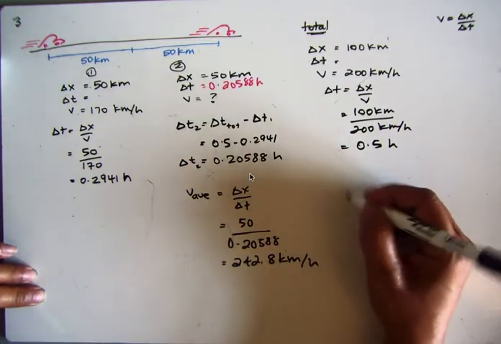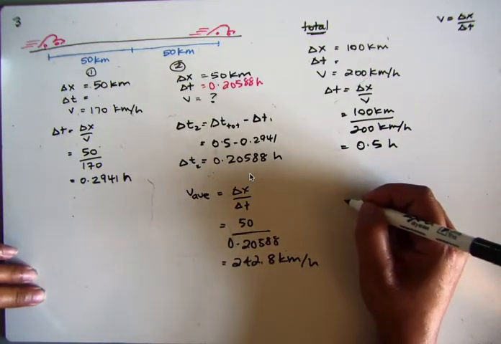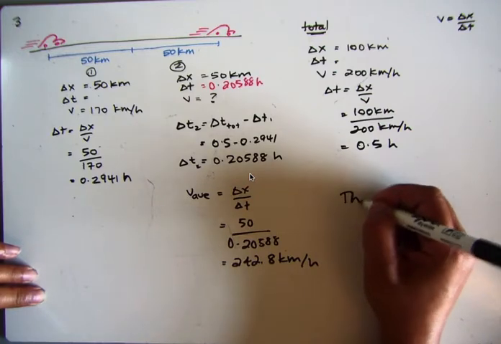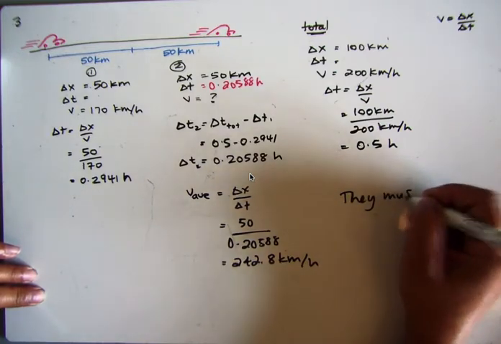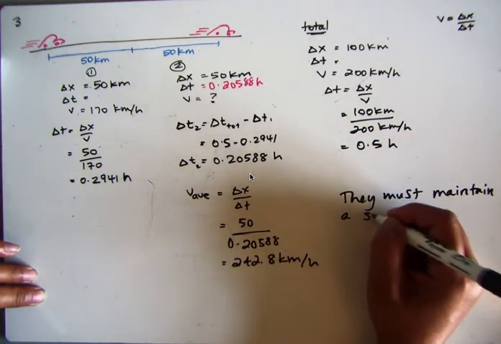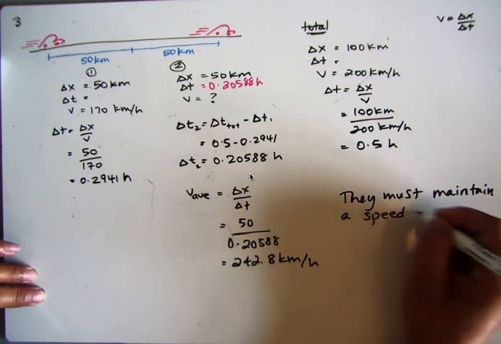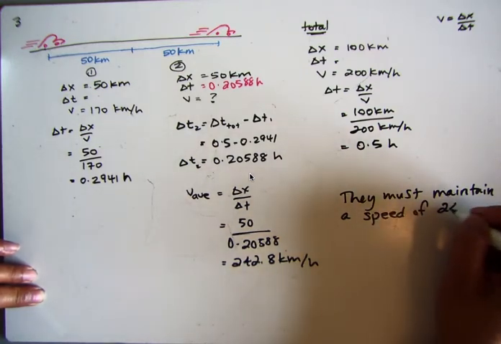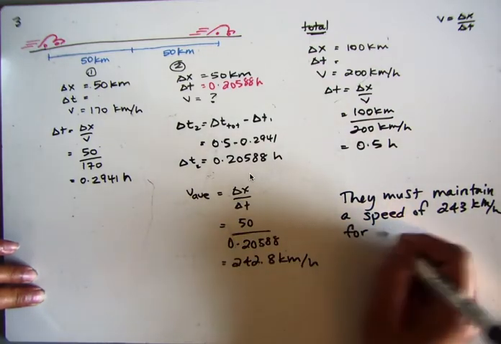And then writing a statement, they must maintain a speed of 243 kilometers per hour for the second half.